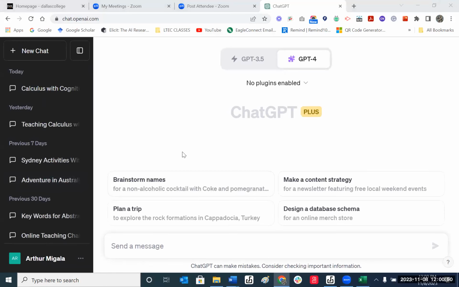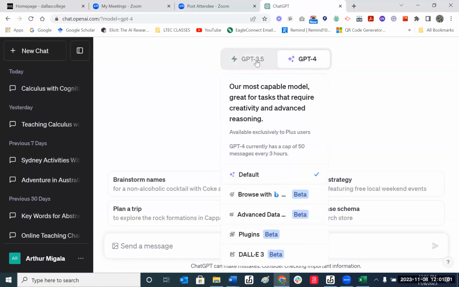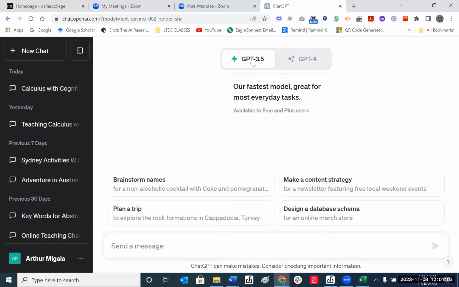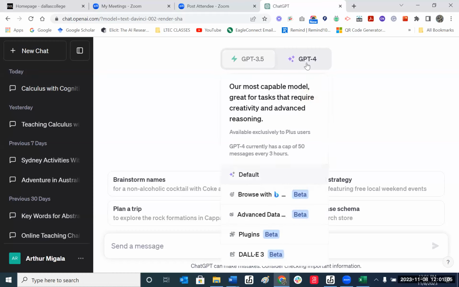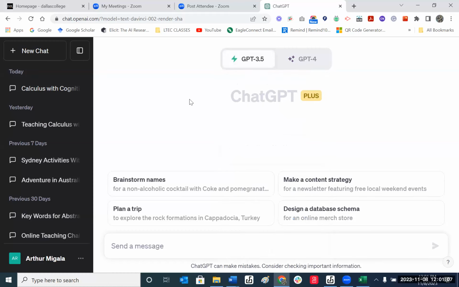Or you can just Google Chat GPT and it'll take you here. This is the chat window. Originally, when you first start off, you'll be in Chat GPT 2 or Chat GPT 3. This is the beautiful thing about Chat GPT 4. I'm in Chat GPT Plus, GPT 3 is very fast and it gives you great information.